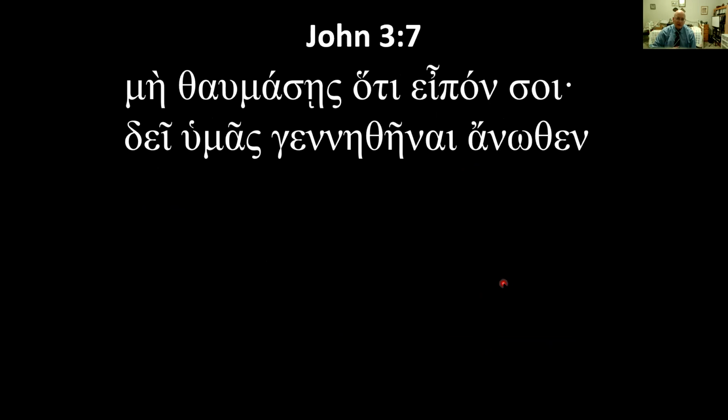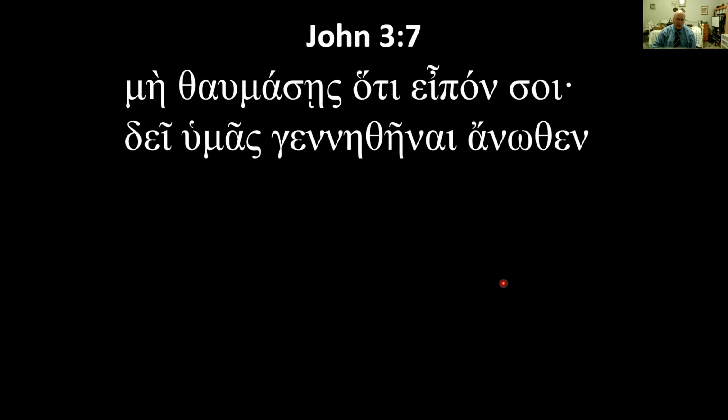John 3, verse 7. Do not be amazed, me thaumasthes, hoti eipon soi. Do not be amazed that I said to you, it is necessary for you to be born from above.